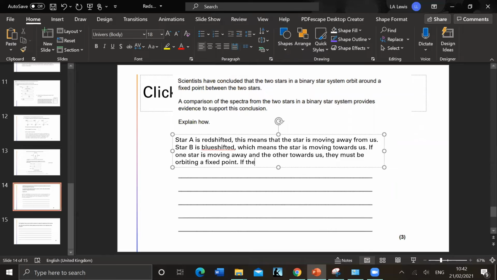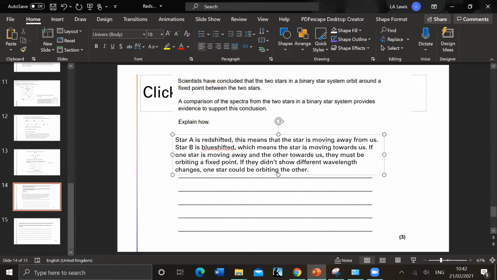If they didn't show different wavelength changes, one star could be orbiting the other.